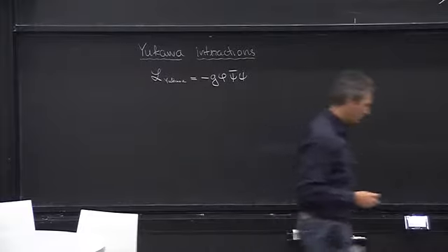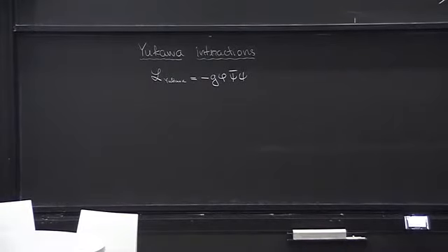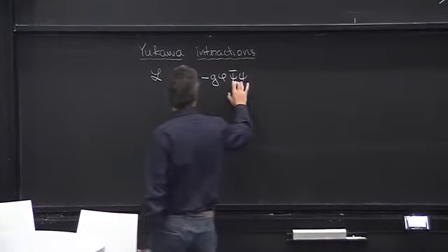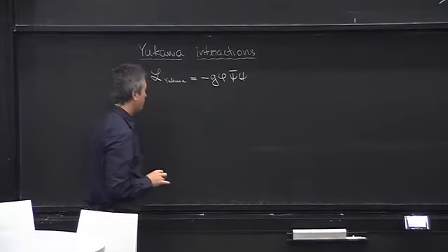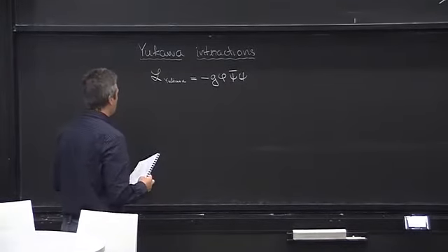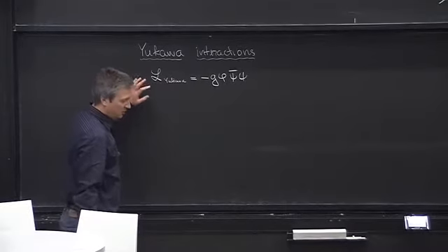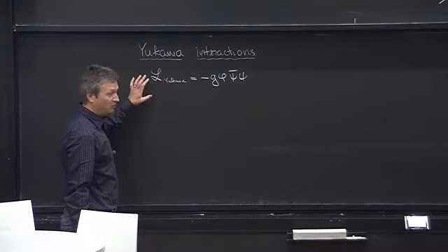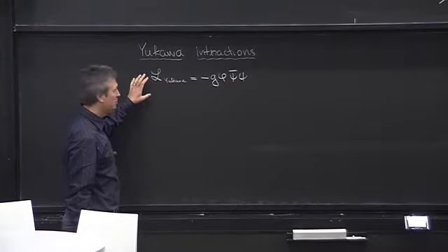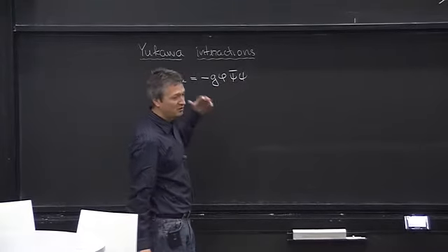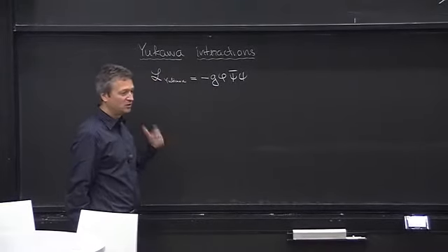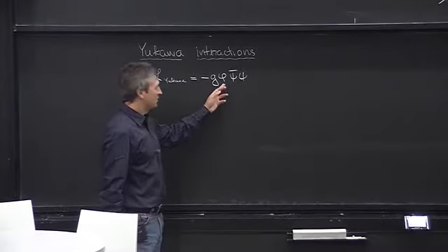So there is a term of interaction between psi bar psi and the phi. This can be regarded as an oversimplified model of strong interactions. So if psi describes proton and neutron, phi describes pi mesons.